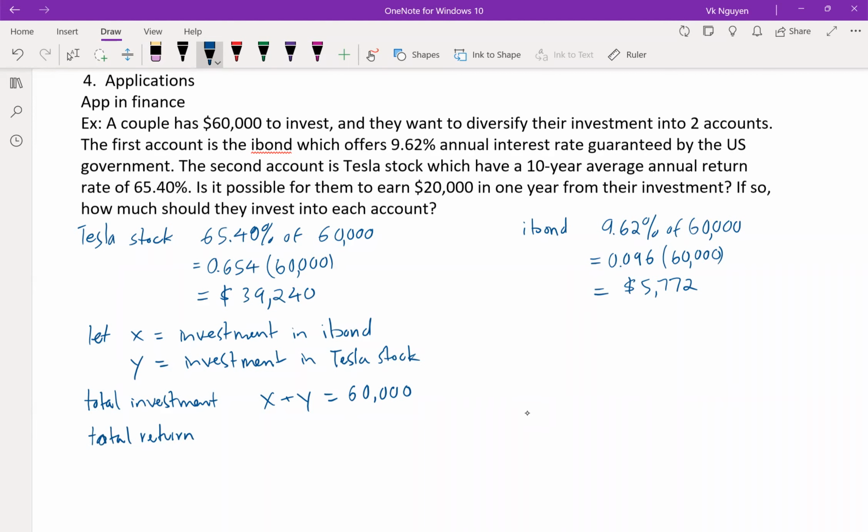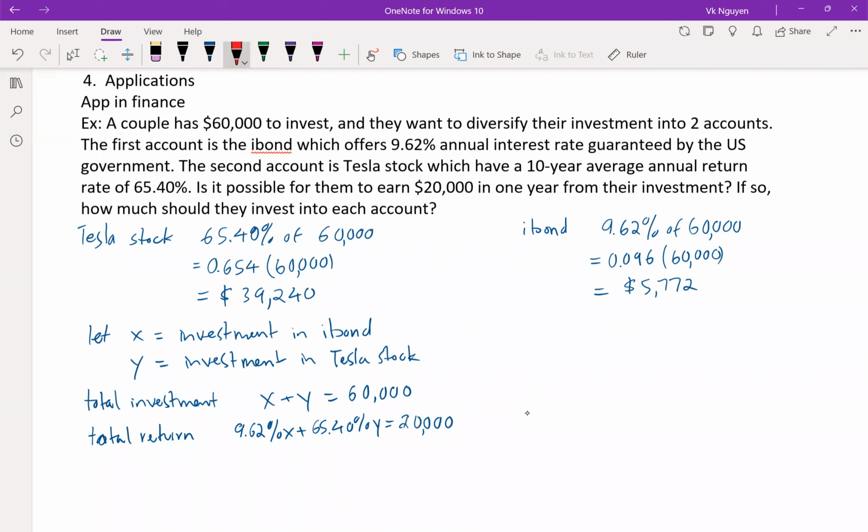Return for I-bond investment, 9.62% X. Return for Tesla stock, 65.40% Y, and that would get them 20,000. Okay. Well, this is the system of linear equations. We can solve the system using, best method is elimination.